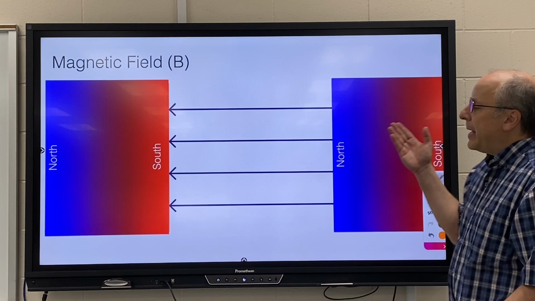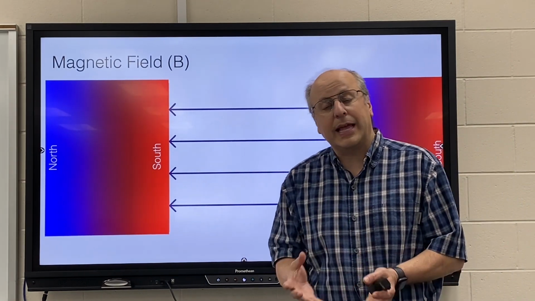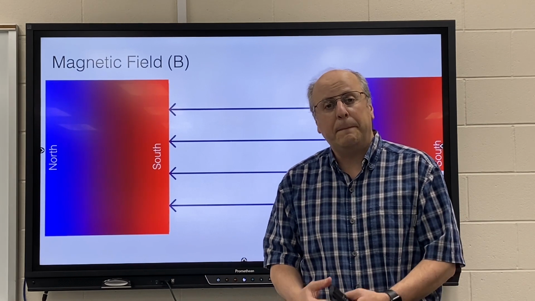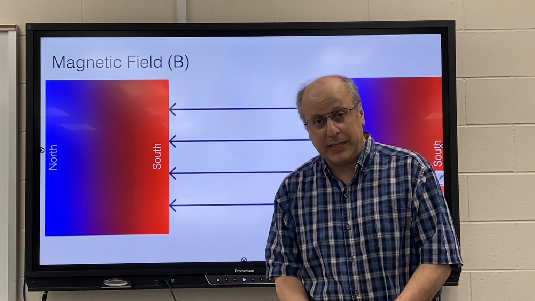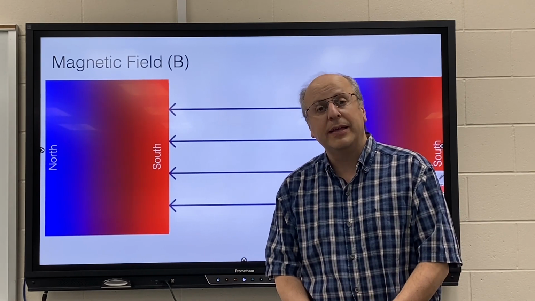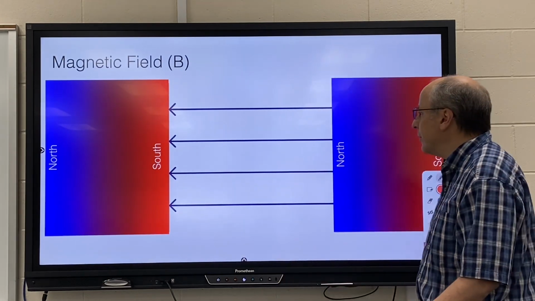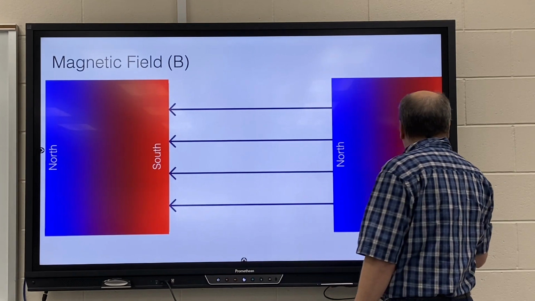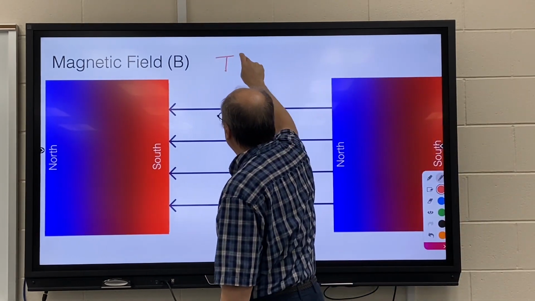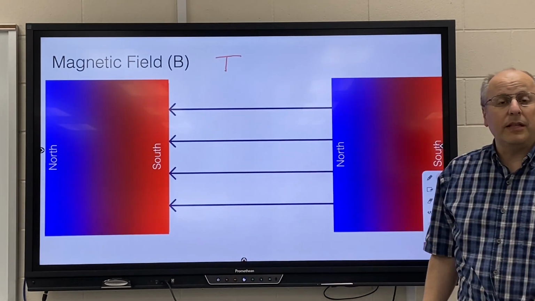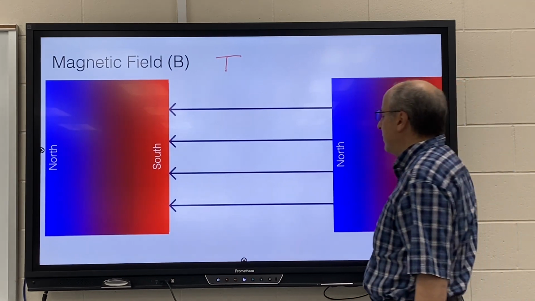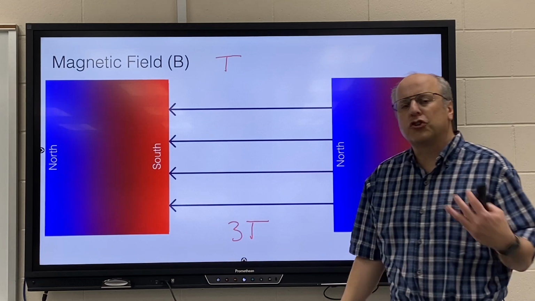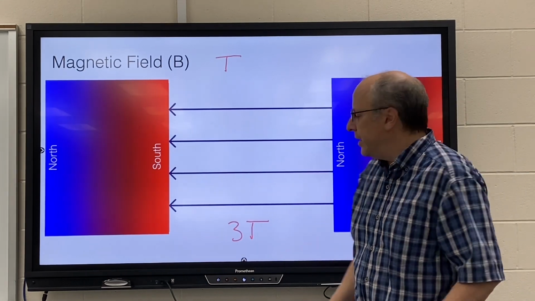Okay, when you talk magnetic field instead of electric field, we talk about using the variable B. So whenever you see B in one of these equations, a capital B, it stands for magnetic field. Magnetic fields are measured in a unit called Tesla. Okay, and usually the numbers are going to be rather small. If you saw a magnetic field of 3 Tesla, that is an extremely large magnetic field.